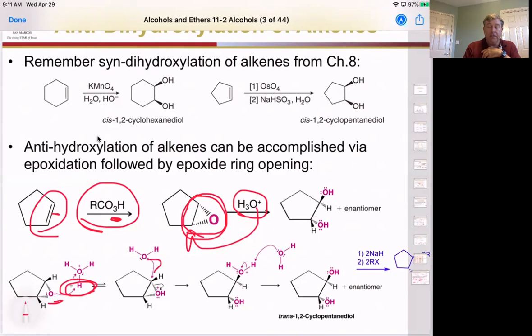Now water comes in and acts as a nucleophile and opens it up, and then we, of course, transfer a proton at the end to get to our neutral species. This always gives us our anti or our trans hydroxy products because the nucleophile has to come in from the other side, opening up our 2-alcohol system. And we'll talk more about that kind of nucleophilic attack in video 4.